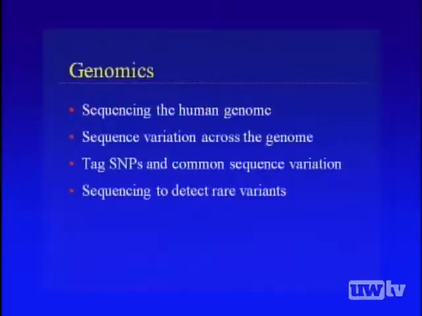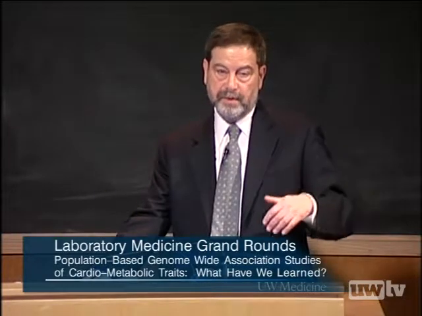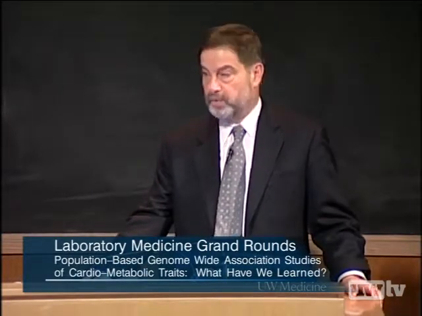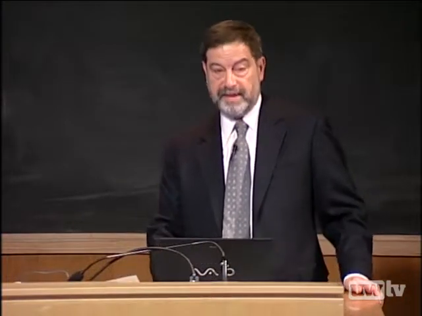Genomics has now moved forward beyond tag SNPs to sequencing in large numbers of individuals, using targeted sequencing, whole exome sequencing, or eventually whole genome sequencing, which will be used more broadly to detect rare variants.